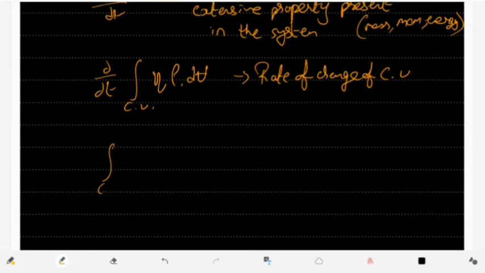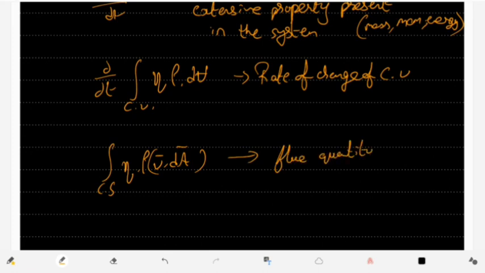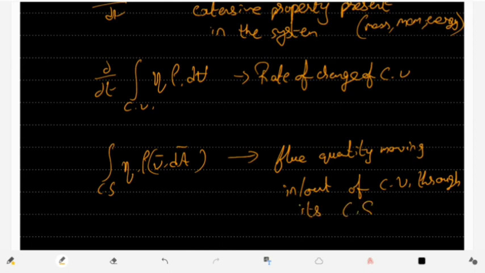And this term, integral of control surface eta into rho into v bar dot dA bar, is the flux of the quantity moving in or out of the CV through its CS, the control surface.